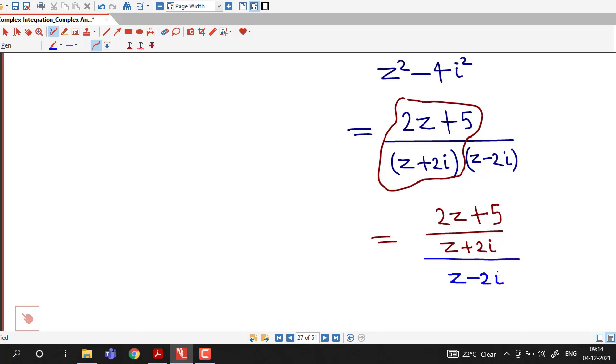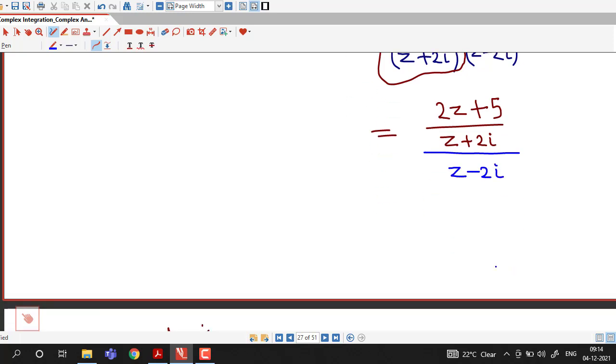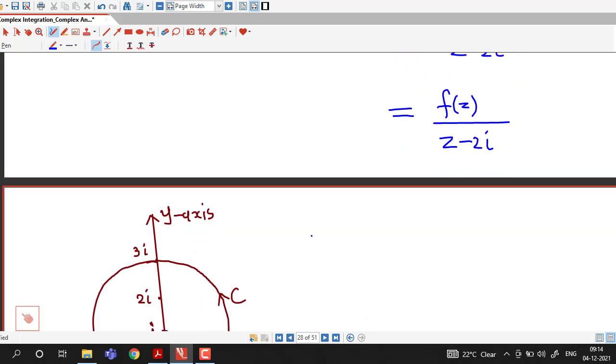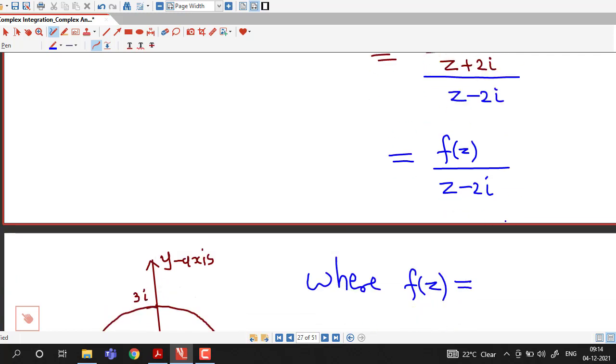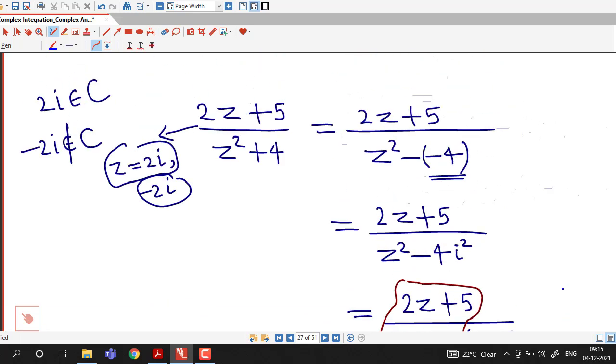So we can rewrite our function as f(z) divided by (z − 2i), where f(z) = (2z + 5)/(z + 2i), and z = −2i lies outside this circle.